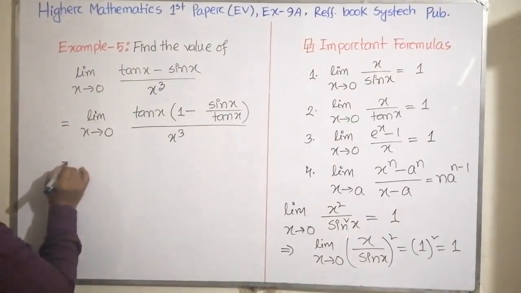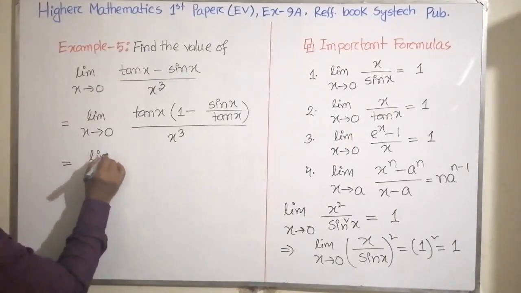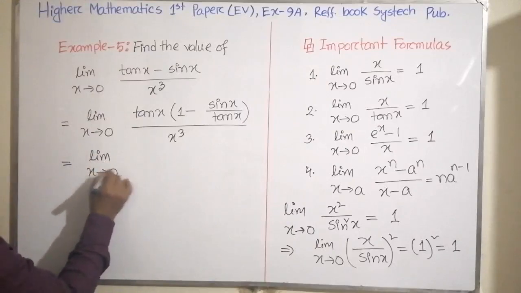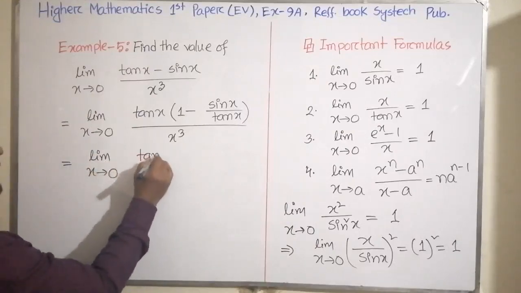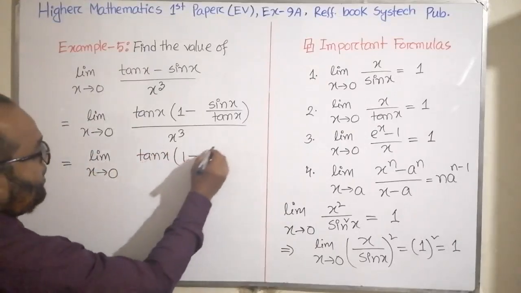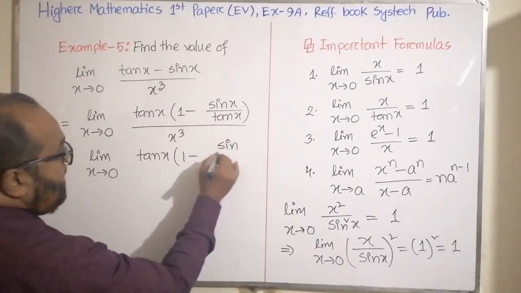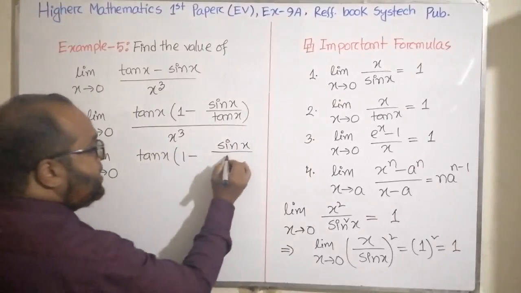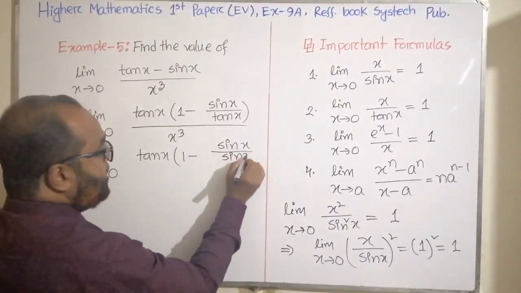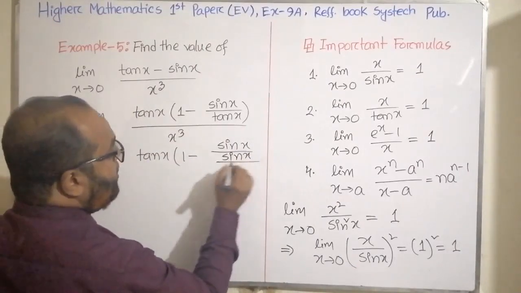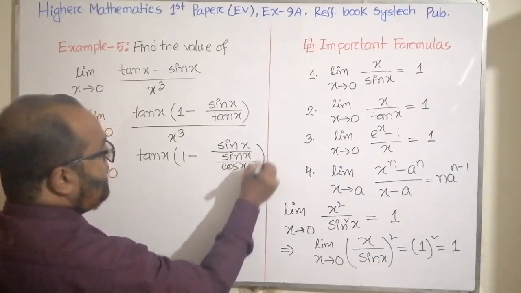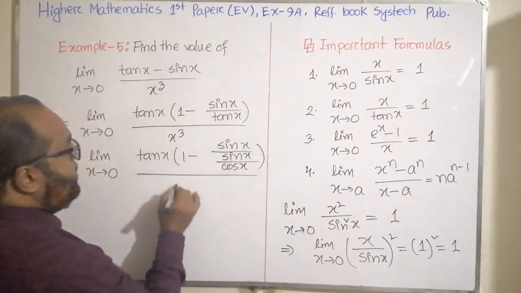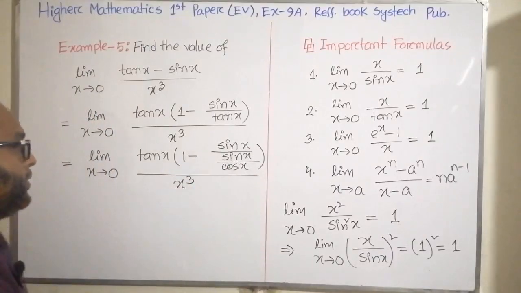Okay, this equals limit x tends to 0 tan x into 1 minus sin x divided by, by the formula of tan x, this is sin x by cos x, divided by x cube.